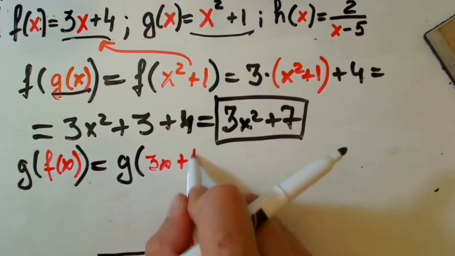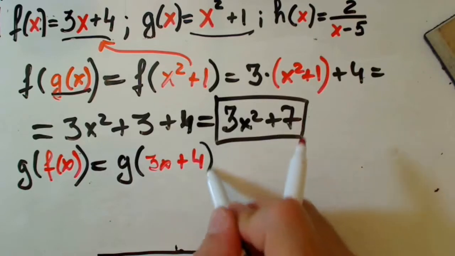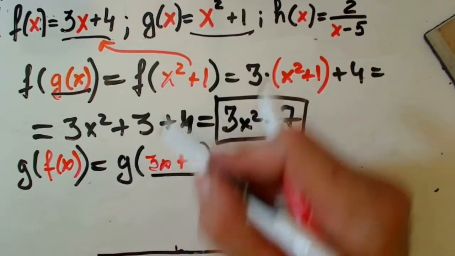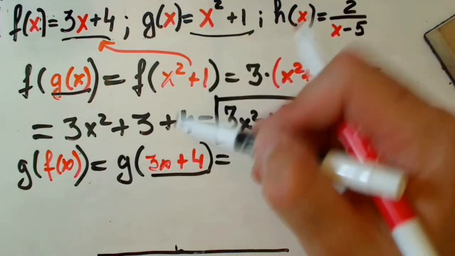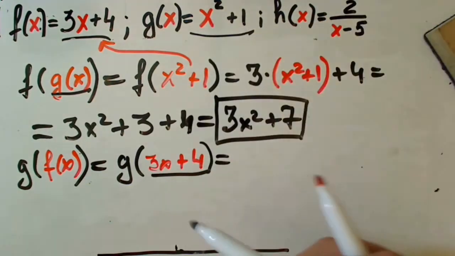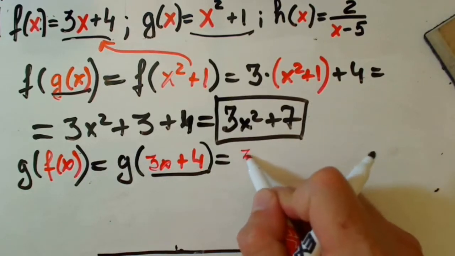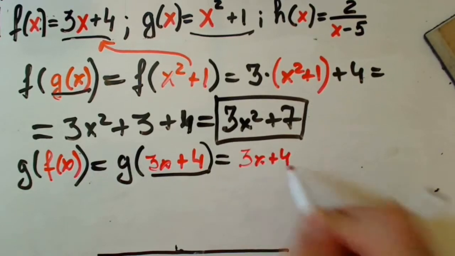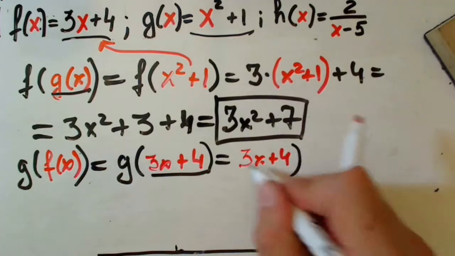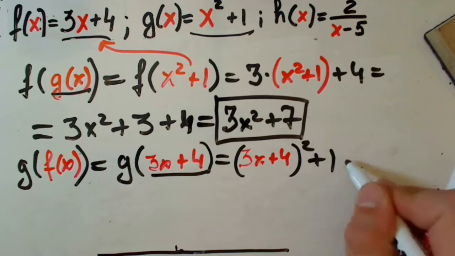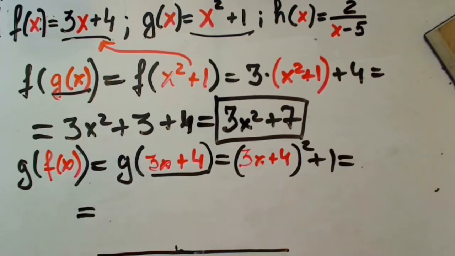Now, let's plug our input into our g function. Red color, the same. And we have our input, which is 3x plus 4 squared. Everything squared, all input squared, plus 1.